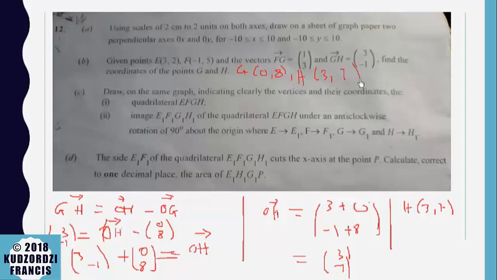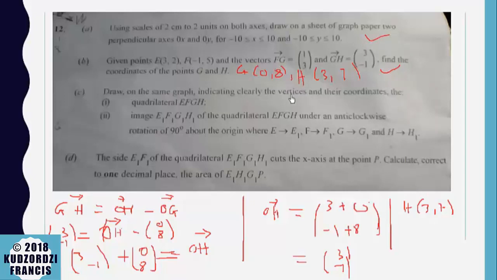So the question was asking us to plot E, F, G, H. So we can do that. We finish with the first part. Now we can draw on the same graph sheet indicating the coordinates of the vertices of the triangle. We've done the first part already. I know all of you can do that.